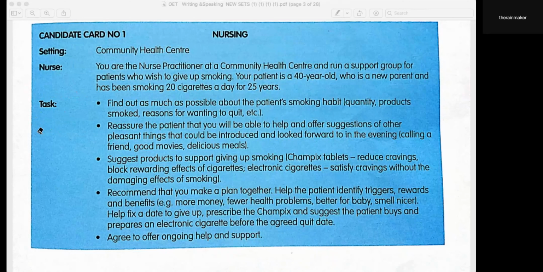You have to understand the baseline of speaking. You need to form a story in your mind. So this person has come who is 40 years old, with a 25-year history of smoking. Wants to give up. I need to ask why. The patient seems positive, and then you need to give different ways.